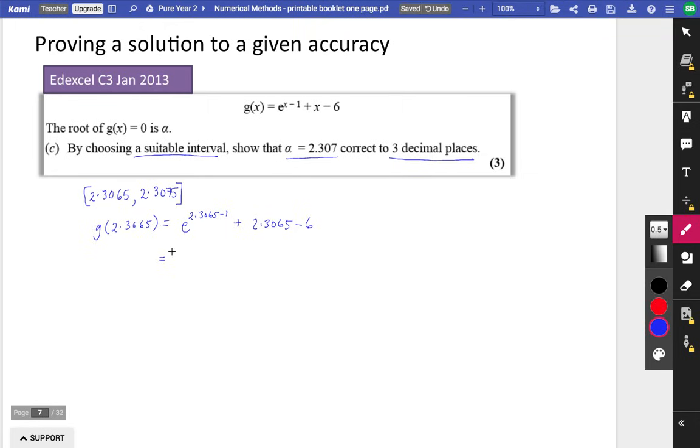So that's e to the 2.3065 minus 1 plus 2.3065 minus 6. We get minus 2.75 times 10 to the minus 4. So it's clearly negative.